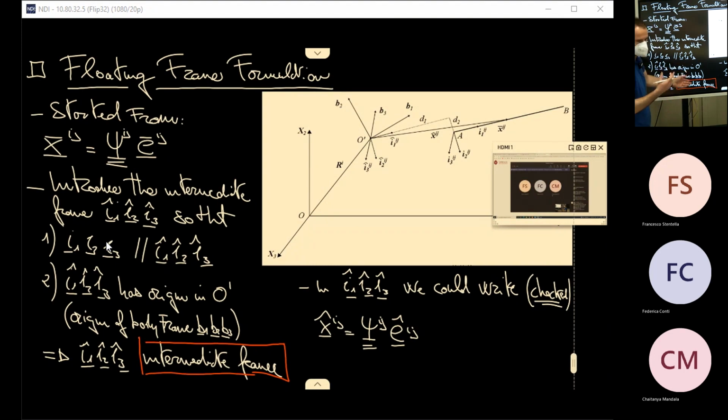The second, in fact, is not mandatory for this property, but it is actually mandatory for what we want to develop.